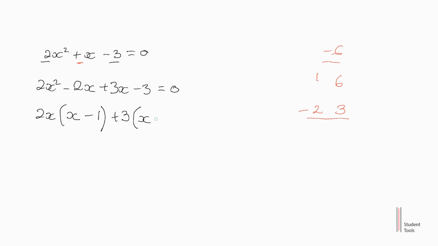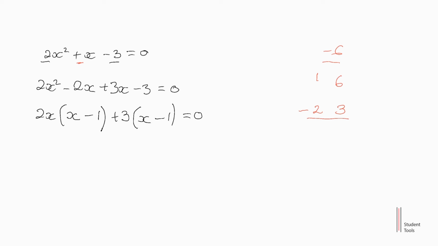So we have to place an x there. And then we have minus 3 here. So to get negative 3, we have to multiply the positive 3 with a minus 1. We close the bracket, and that is equal to 0. So now we have 2x, bracket x minus 1, plus 3, bracket x minus 1 equal to 0.